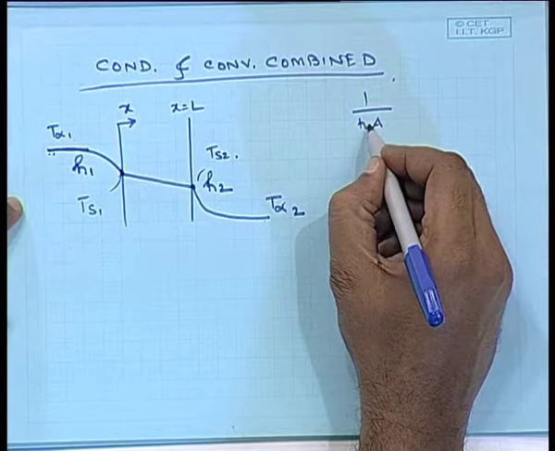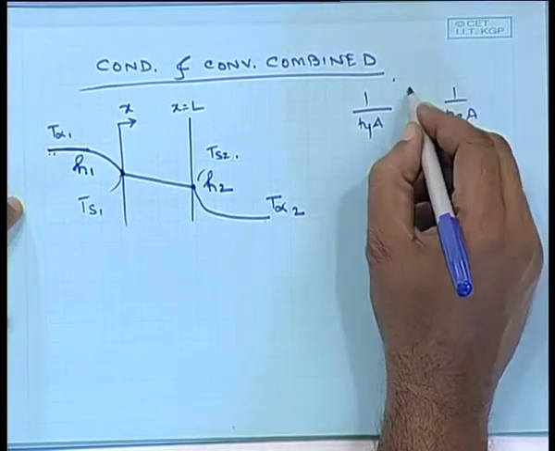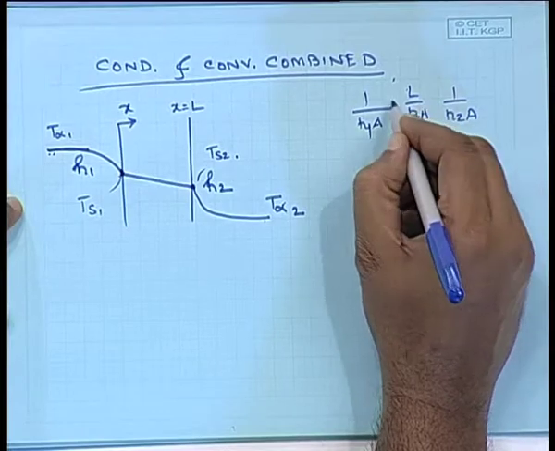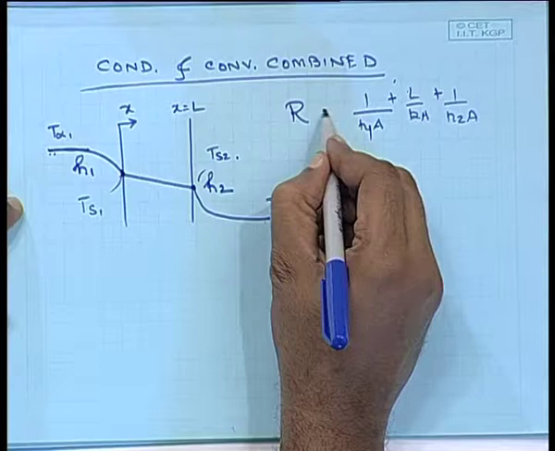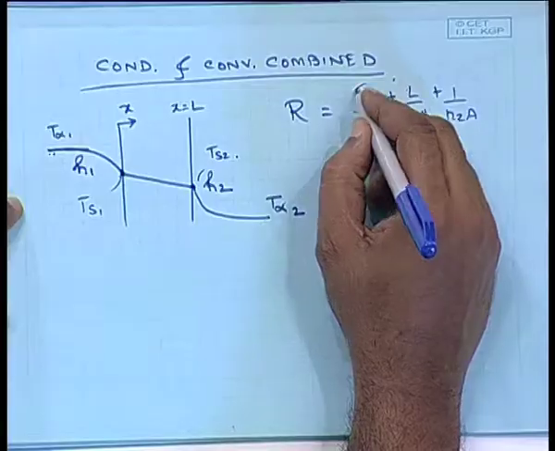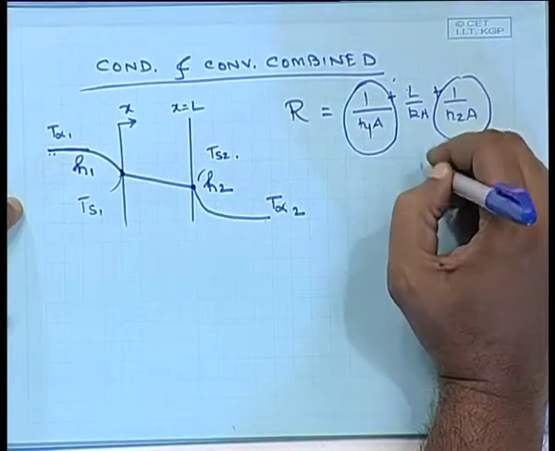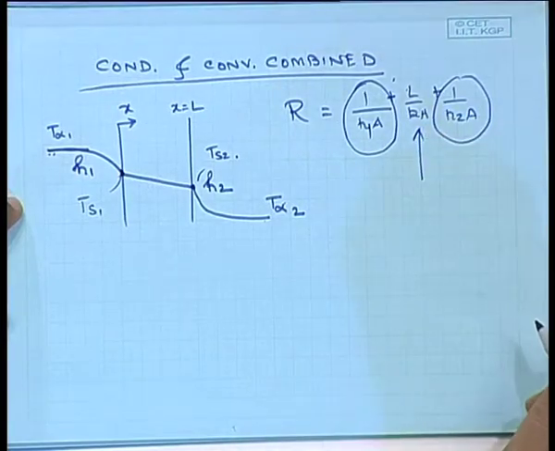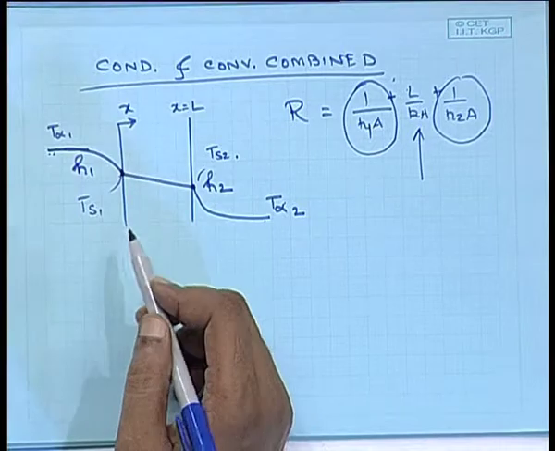So I have 1 by H1A, 1 by H2A and L by Ka, all these in series. So this is going to be my total resistance. So the total resistance for a combined convection-conduction system is going to be the convective resistance on one side, the convective on the other side, and the conductive resistance for the wall itself.